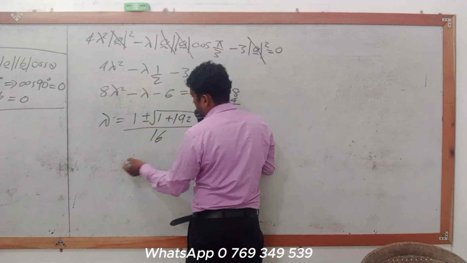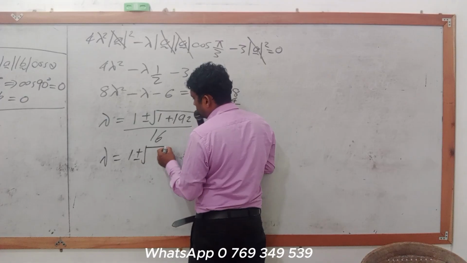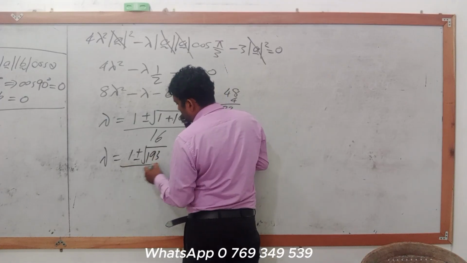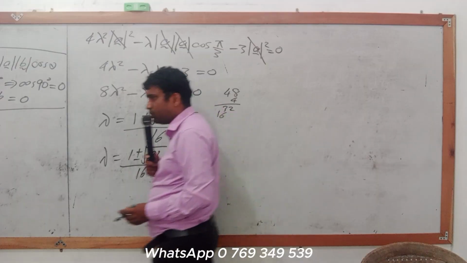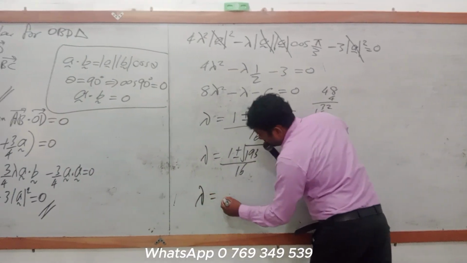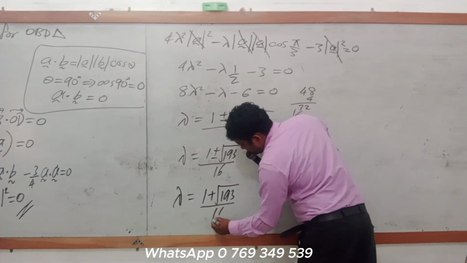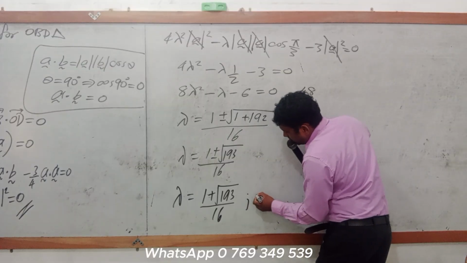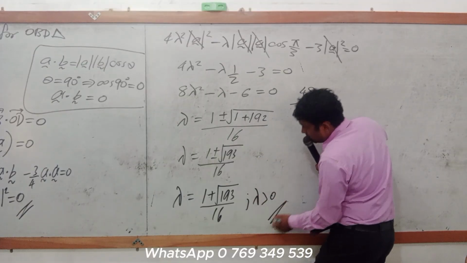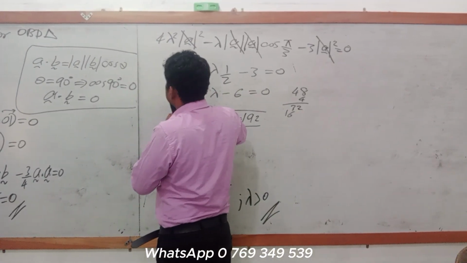Divide by 16. Lambda equals 1 plus or minus root 193 divided by 16. Given that lambda is positive, lambda equals 1 plus root 193 divided by 16. That is the answer.